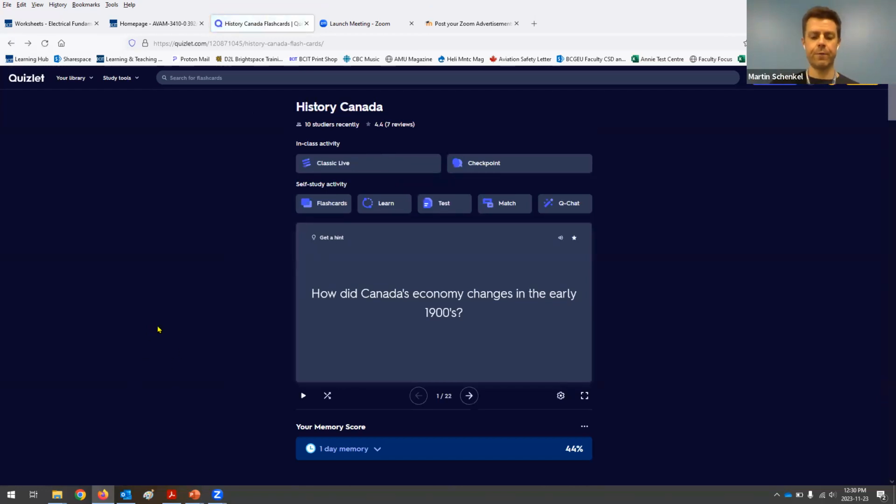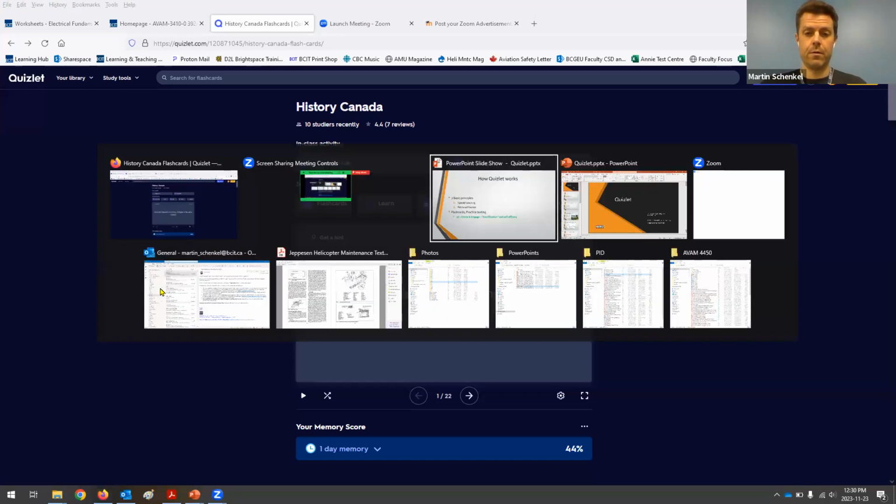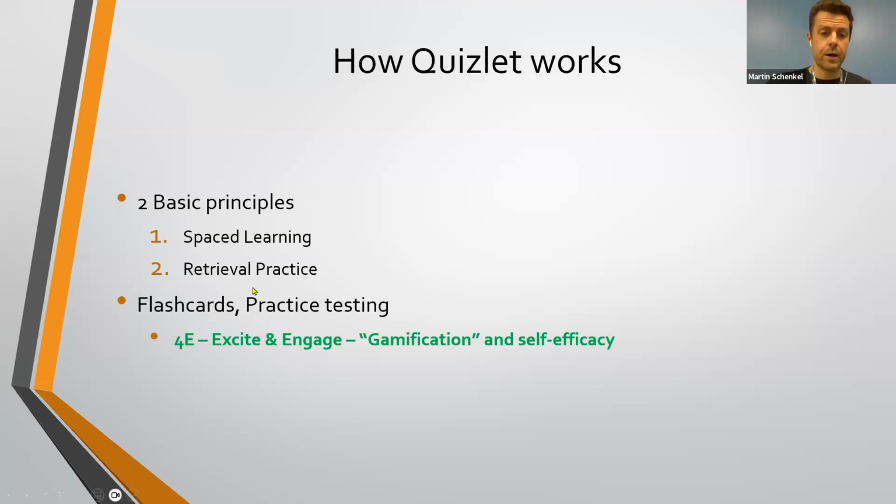So yeah, very straightforward, nothing fancy, nothing flashy, but it does the trick. The user interface is very user-friendly, very intuitive. So yeah, through these flashcards, this practice testing, we're thinking about the 4E framework, excitement and engagement.